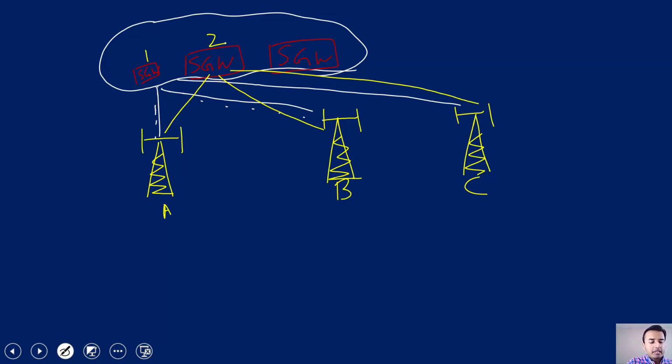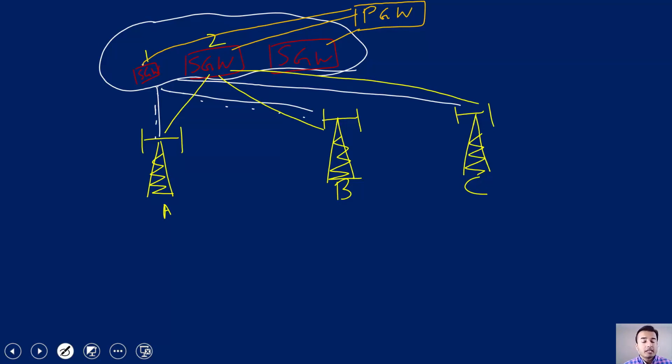So if I draw this in this scenario, let's say this is one PGW, and that PGW is connected to all these SGWs. And then for geo redundancy purposes, you can have another PGW as well. For a small network, that's what is recommended. As long as your PGW will not change, the IP address of the UE will not change.